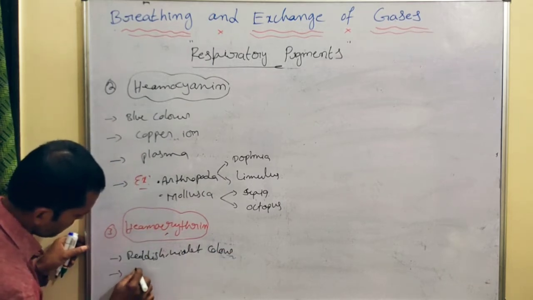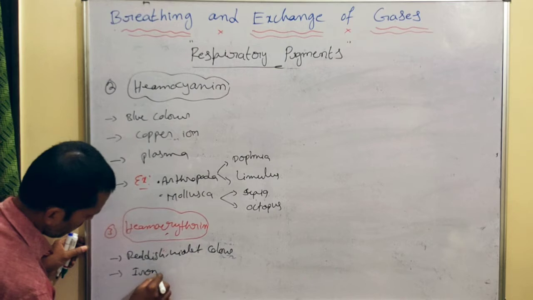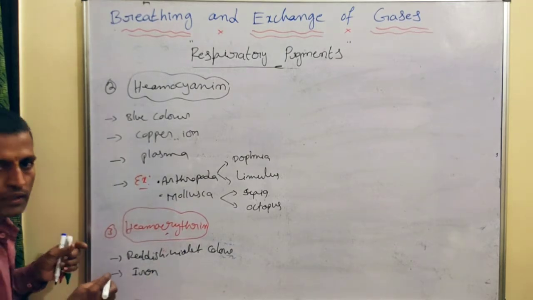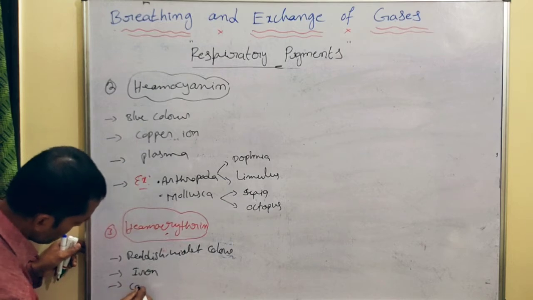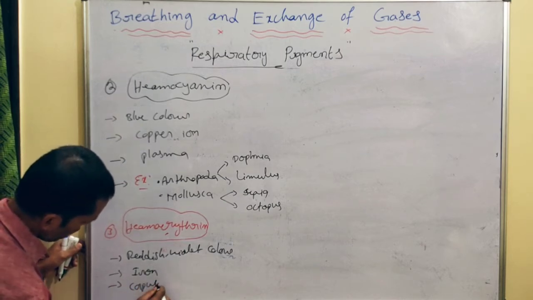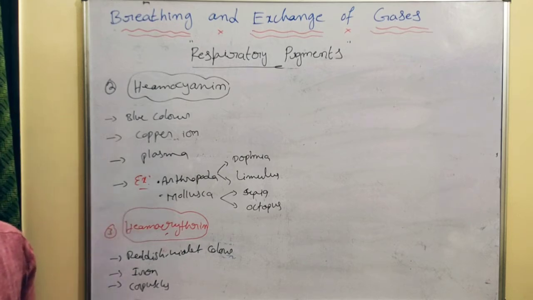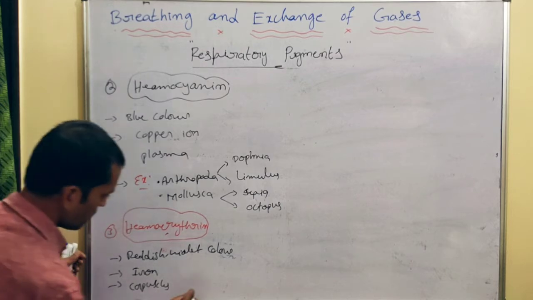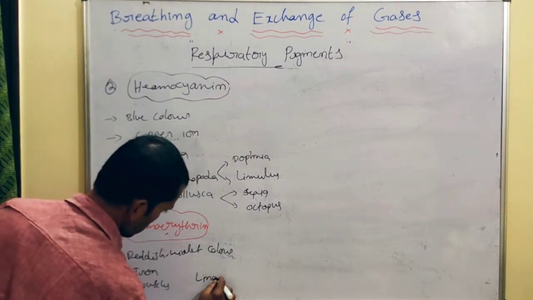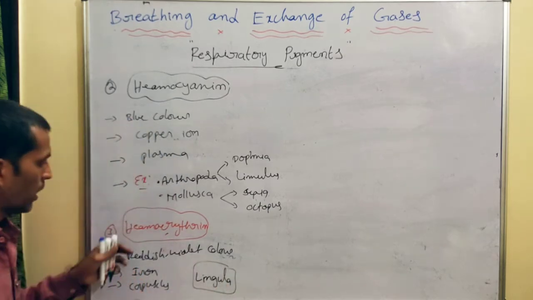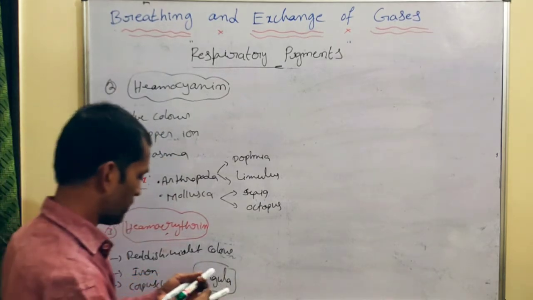It contains iron, a metallic ion. It is found in blood corpuscles, like hemoglobin, which is also present in the blood corpuscles. The example is Lingula. Lingula is the example for having hemerythrin respiratory pigment.